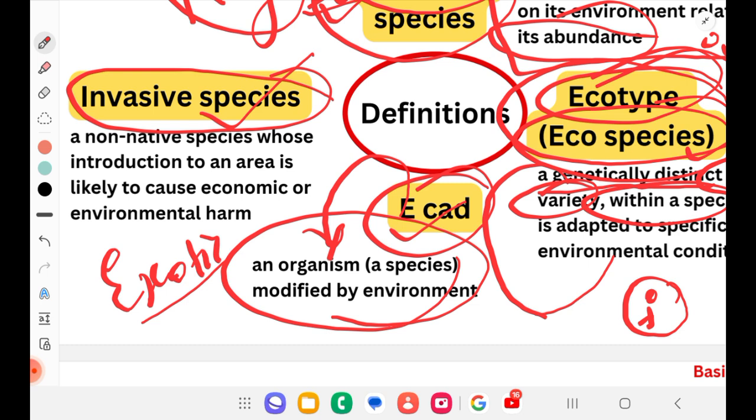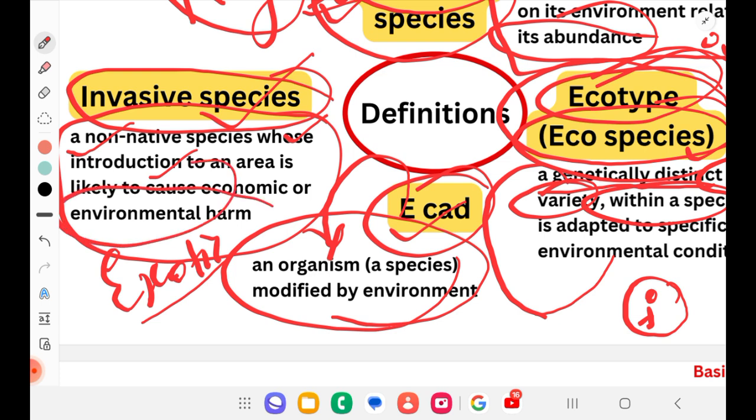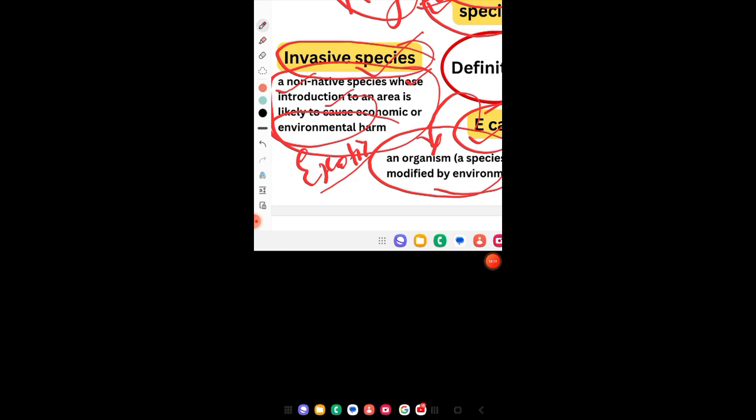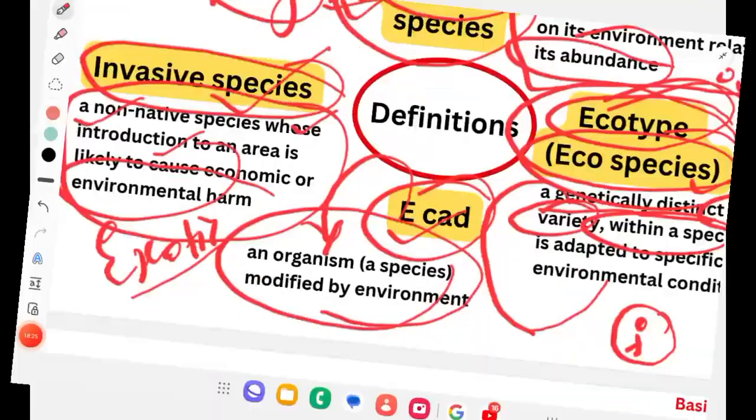Those are native species. If those sandalwood are grown somewhere in the Himalayas or some other region which is not natural to that particular ecosystem, then it becomes an exotic species. If that exotic species is causing harm, a non-native species whose introduction to an area is likely to cause economic or environmental harm, like water hyacinth, then it is said to be an invasive species.